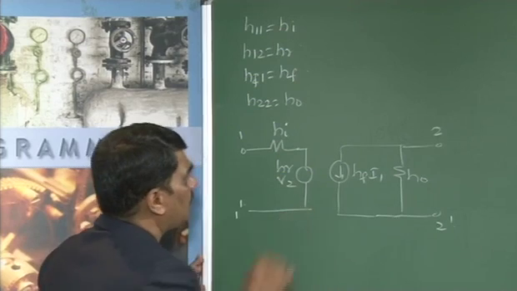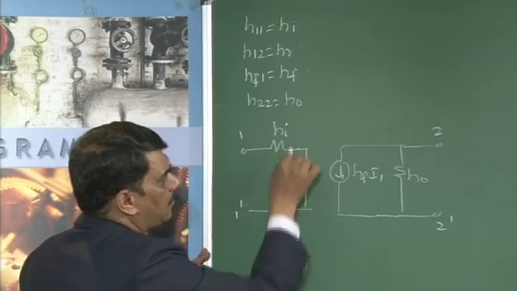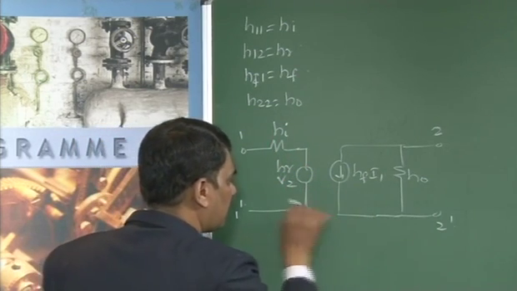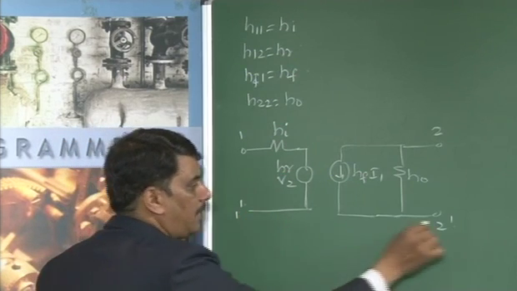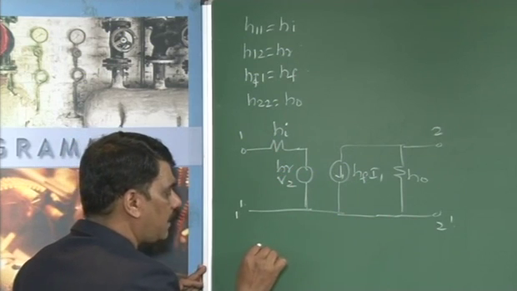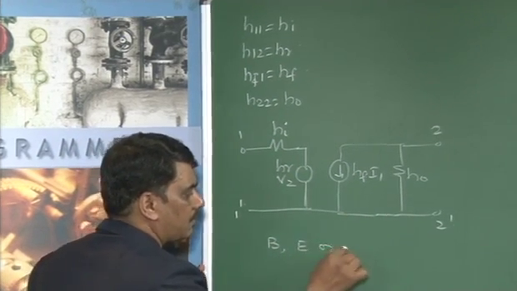For this model we have to add a second suffix for the common base, common emitter, and common collector configurations. For the transistor, 1 dash and 2 dash are common for both input and output, where 1 dash and 2 dash are replaced with either B, E, or C.